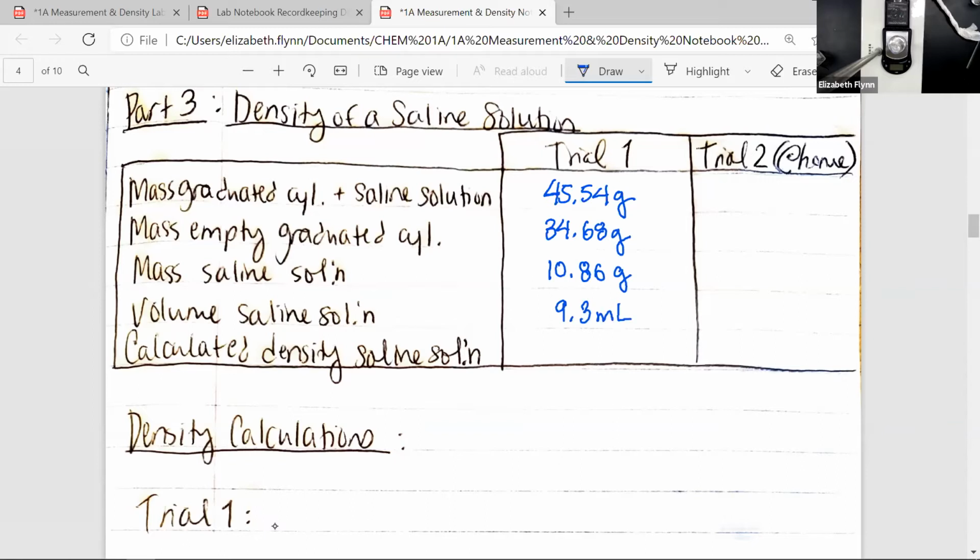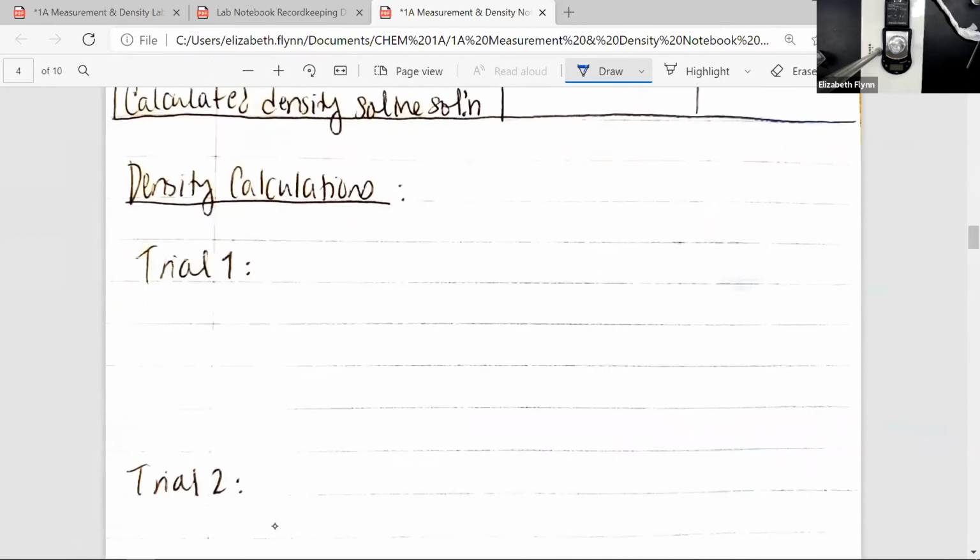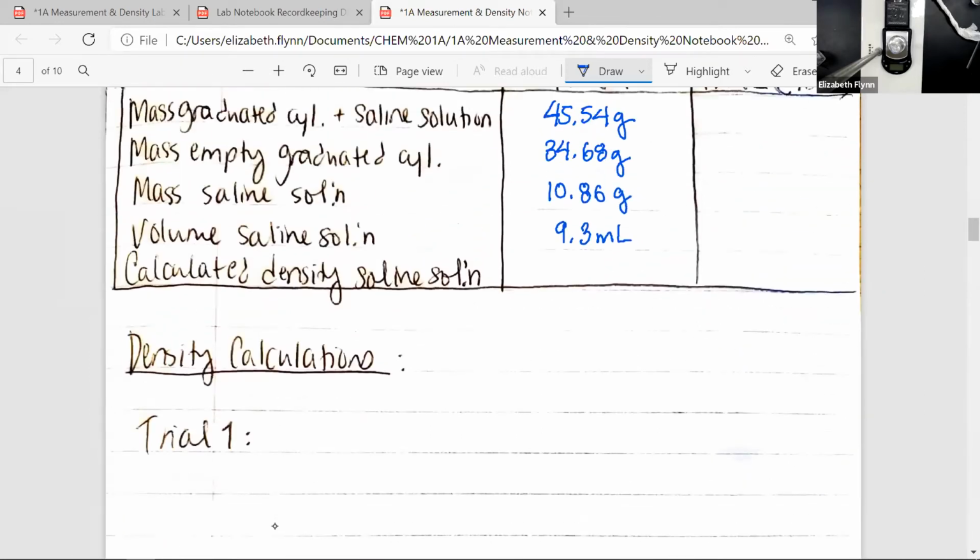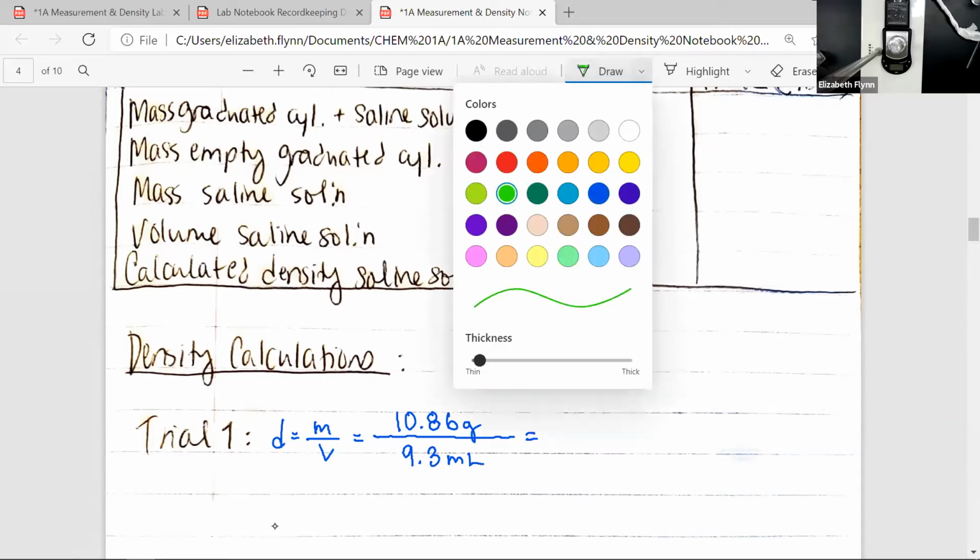All right, so let's do this density calculation. We know that density, right, again, is equal to the mass over the volume, which in this case is 10.86 grams divided by 9.3 milliliters. And again, let's take into account our significant figures.